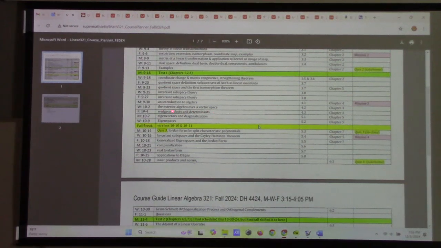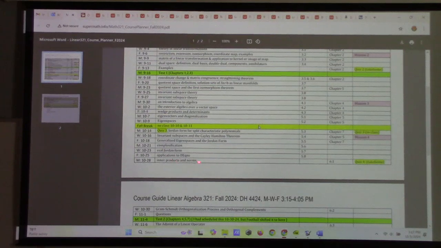Exterior algebra over a vector space. We talked about wedge products, how those calculate determinants, eigenvectors, diagonalization, of course, eigenspaces. More recently, we've discussed the Jordan form, how invariant subspaces work, and we actually did this bit much earlier. And then, of course, most recently we've been talking about complexification, and then the differential equation.